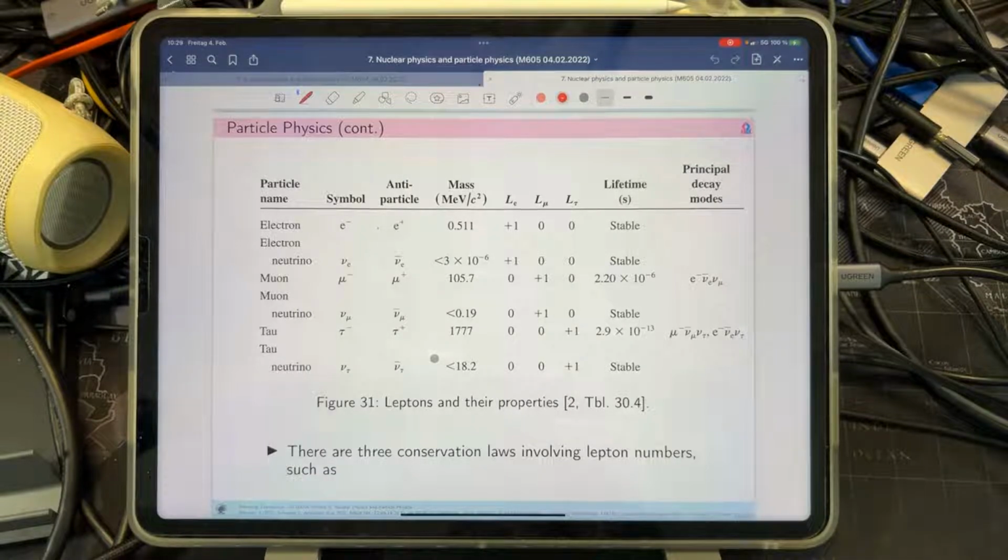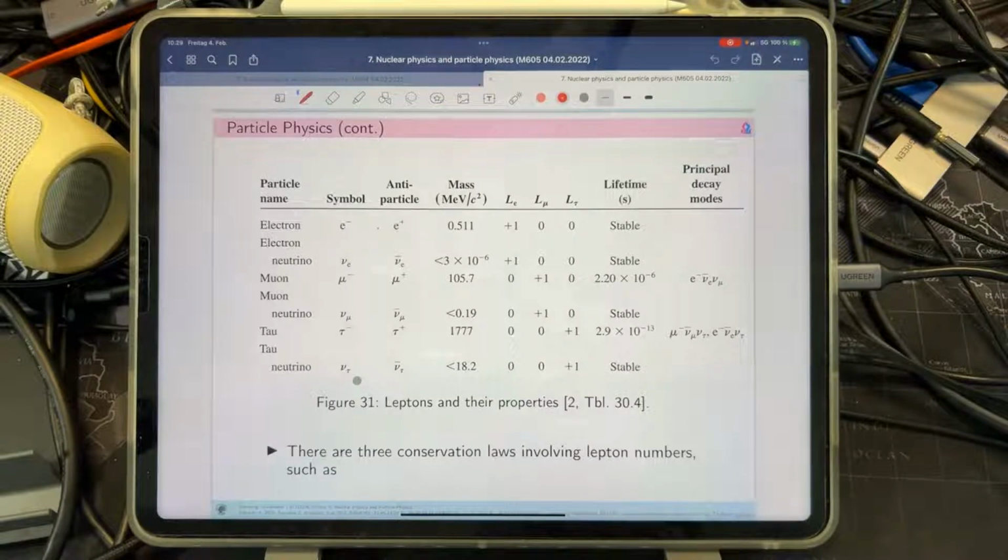The tau neutrino and tau antineutrino both will have 0 electron lepton number. Both will have 0 muon lepton number. But for the tau lepton number, both are different.